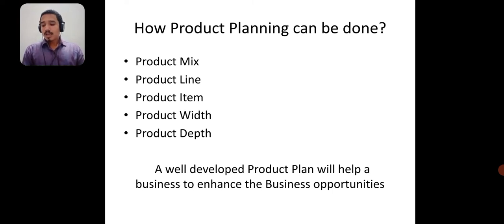And product depth is how many product items they have in that particular line. Say for example toothpaste, how many toothpastes it has. In toothpaste we saw product items, that is 100 gram, 200 gram, or different flavors, whatever it is. So that is product depth, different product items in a particular product line.